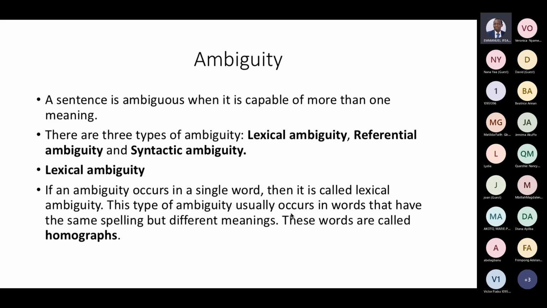So ambiguity: a sentence is ambiguous when it is capable of more than one meaning. I presented three kinds of ambiguity, which you might not find in other groups. Lexical, when the ambiguity is in just one word. And if a single word is ambiguous, we call it a homograph.